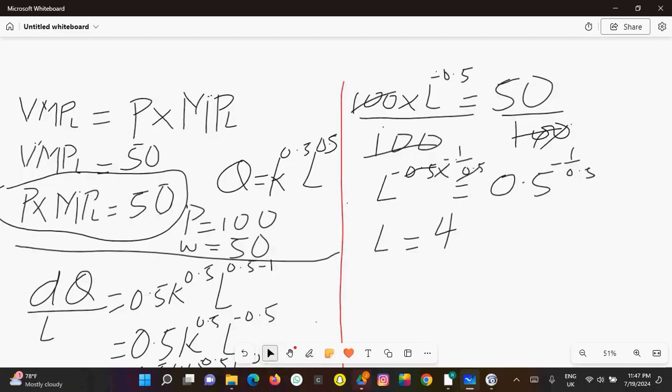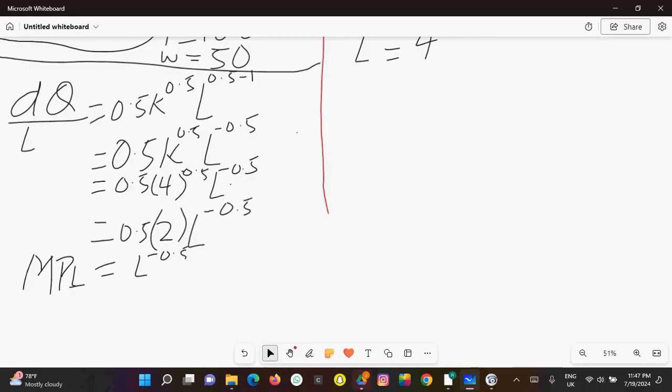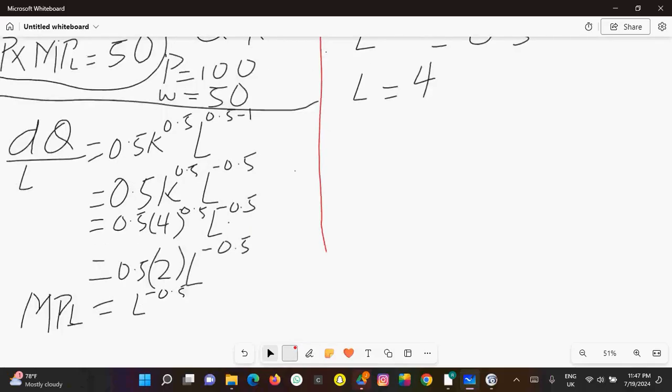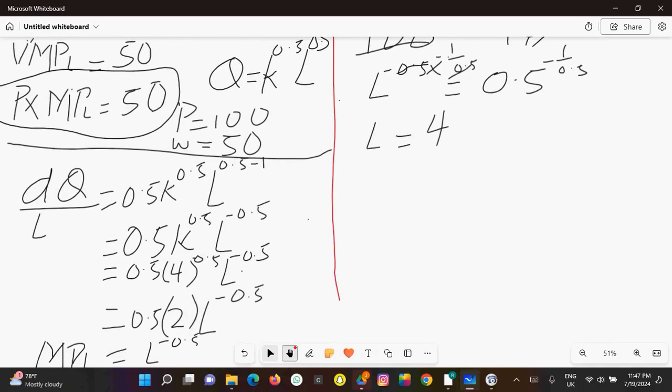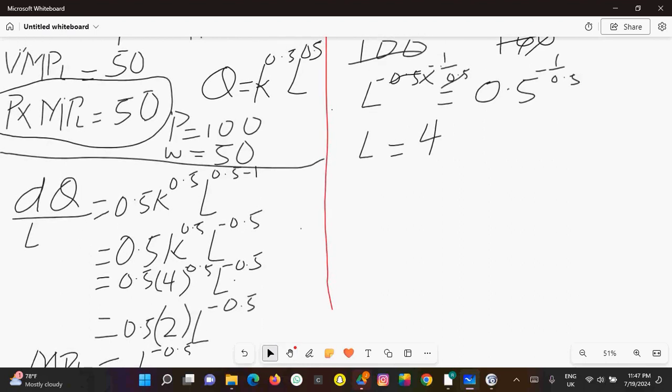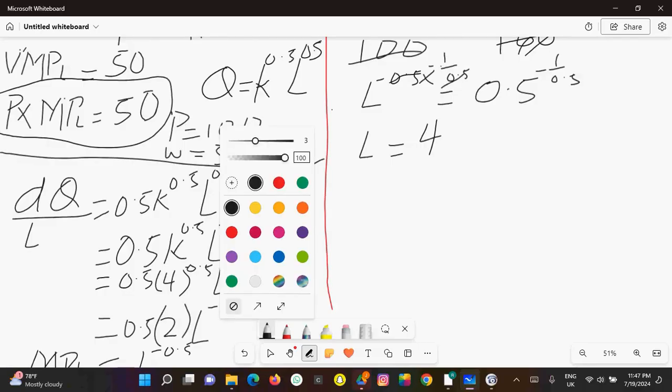Right, so let's move on. Right. So since the profit maximizing level of labor is 4 units of labor, let's put labor equal to 4 in the production function, right? And then let's find the quantity. So this is the production function, right?